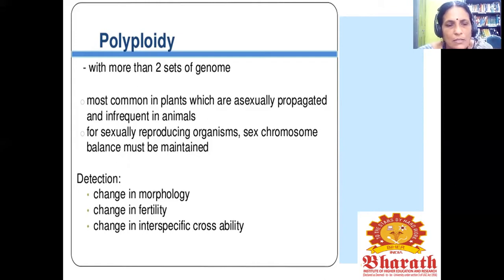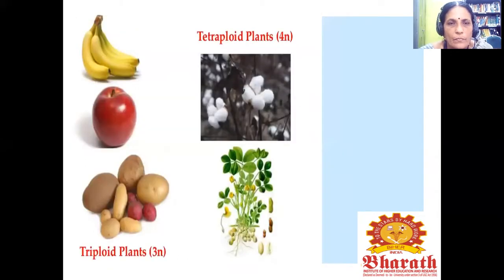Detection is mainly by changes in morphology, changes in fertility, and changes in interspecific cross ability. You see triploid plants, 3N, in the case of banana, apple, and potato, and also tetraploid plants, such as cotton and the groundnut plant.